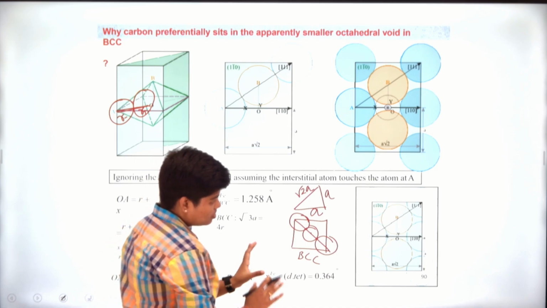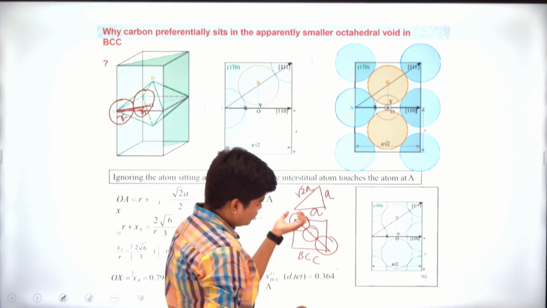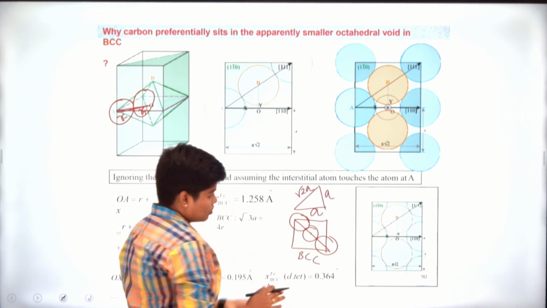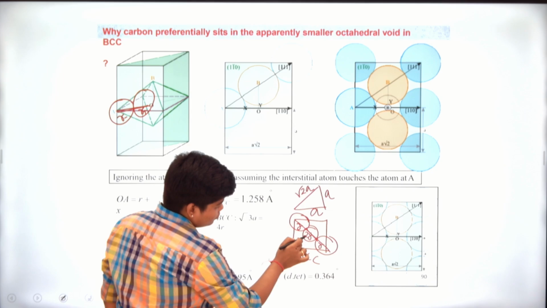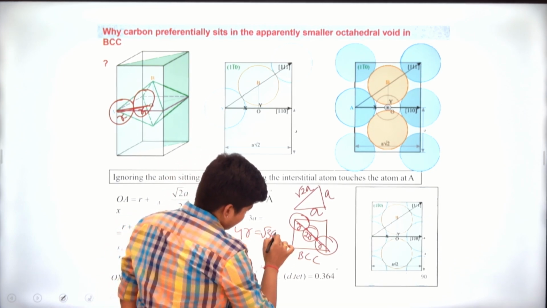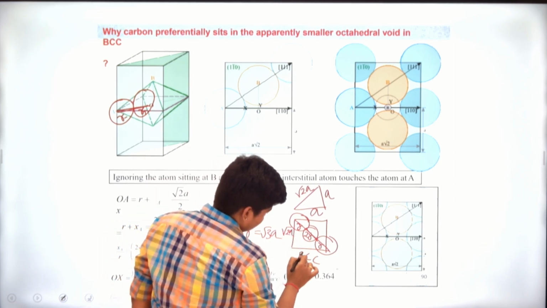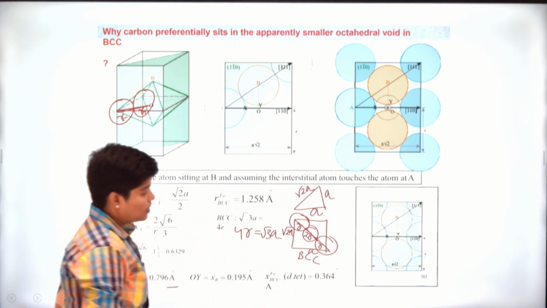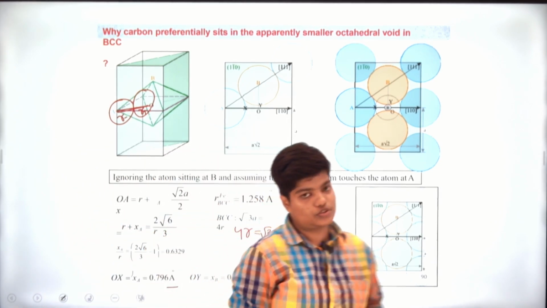See, if we take the BCC structure, this is from the center, and this will be the lattice point of two side corners. So here the total diameter is 2R, here it is R and R. So R plus 2R plus R, that is 4R, will be root 3A, because here it will be root 2A and here it will be A. By applying the Pythagoras formula, what will be the hypotenuse? That will be root 3A.